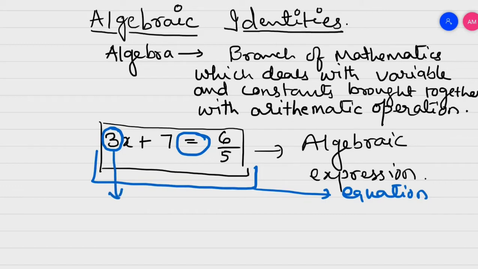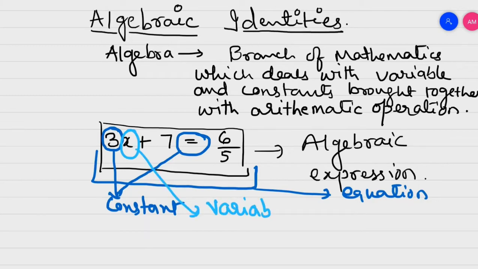I am just refreshing what you know. 7 is also constant. And then what is your x? x is your variable. The value of x is different when the equation is different.